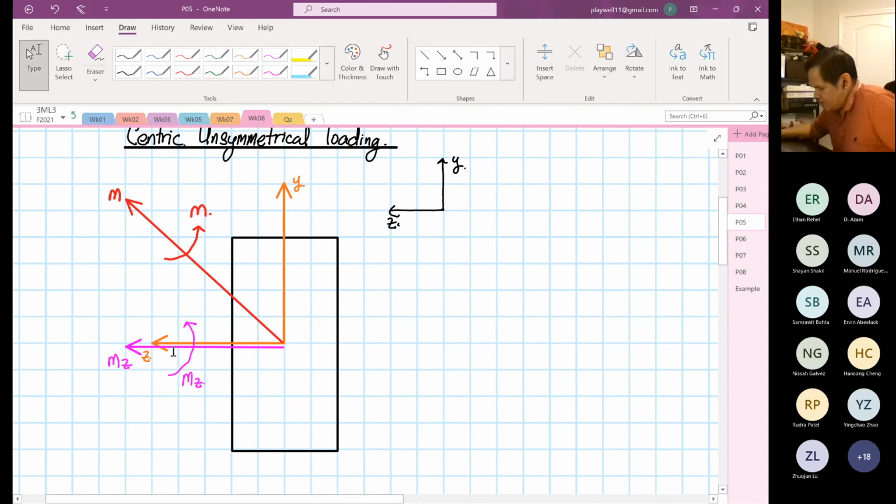And then the next one is our My. When you grip My, you grip this way.